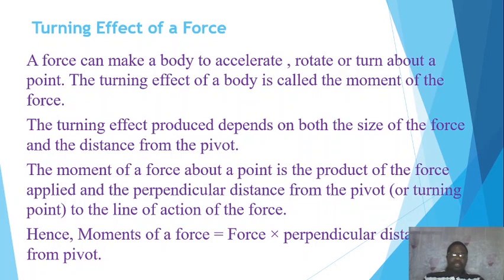Again, we say moment of force is the product of force and the perpendicular distance of the line of action about a point. That point we are talking about is the pivot. So hence we say a moment of force is equal to force multiplied by the perpendicular distance from the pivot.